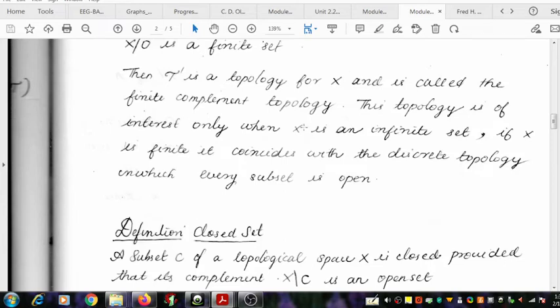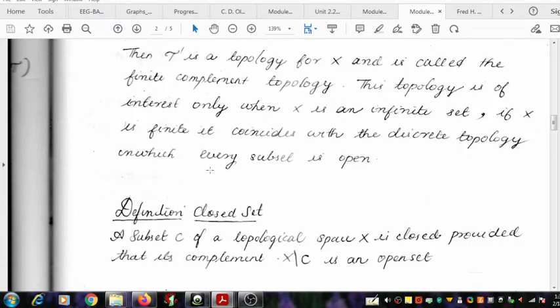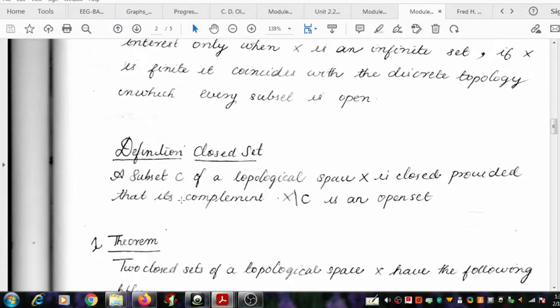When X is finite, it actually coincides with the discrete topology, in which every subset is open. In the case of the discrete topology, we have seen that every subset is open.